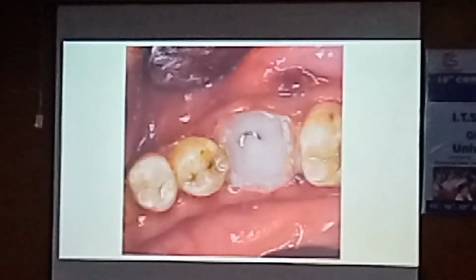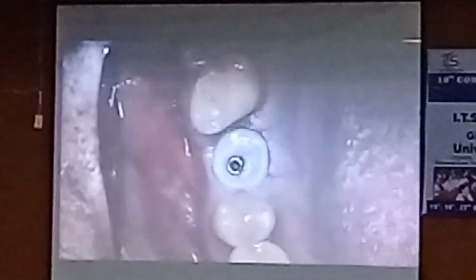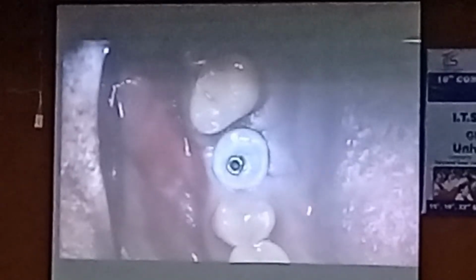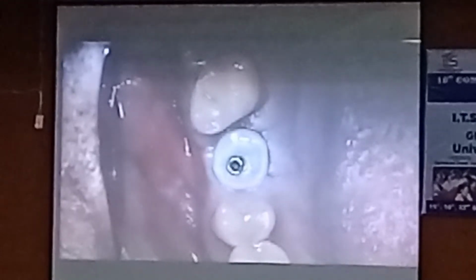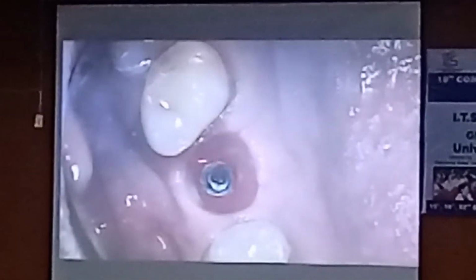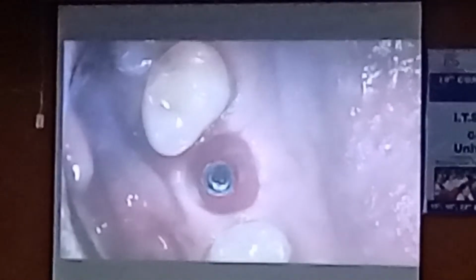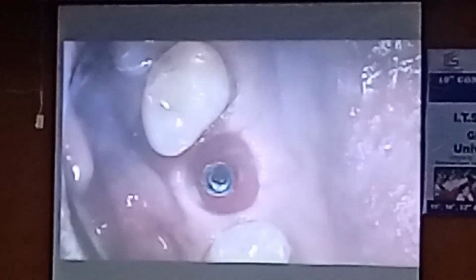Once the soft tissue had healed after 3 months, I modulated more composite and gave it as a provisional. After 3 months, when we remove this, look at the tissue topography. It's a beautiful tissue topography for your final crowns, with good soft tissue health, and it will not harbor food particles.